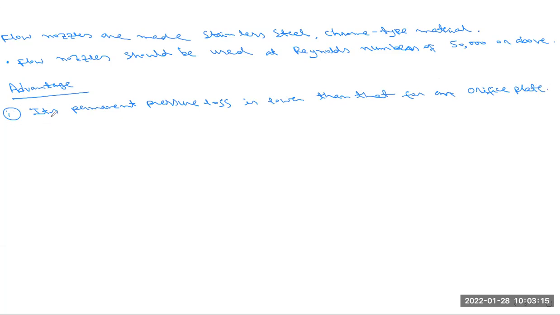Okay, so the first one is that the permanent pressure loss is lower than that of the orifice plate. That means when you use the orifice plate, this is very much advantageous over the other methods for flow measurement. Its permanent pressure loss is very low.